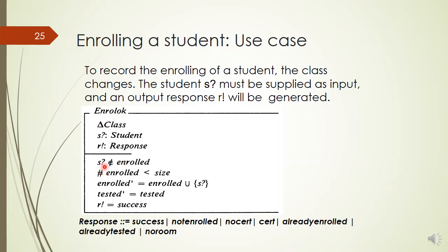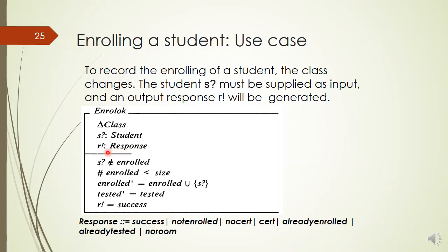So these are basically preconditions which were already discussed in the previous enroll operation, and these are postconditions, and the last predicate represents the response, because R with this symbol is an output variable, and this variable is declared on a free type.